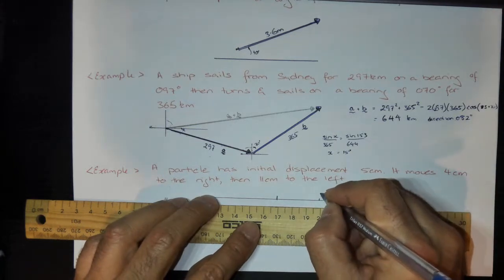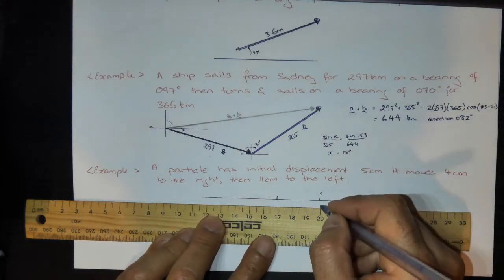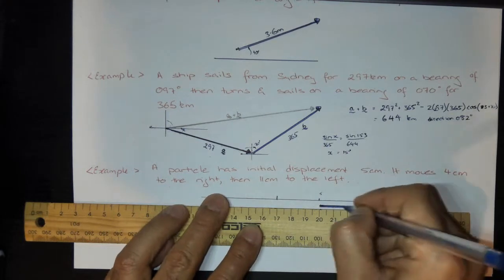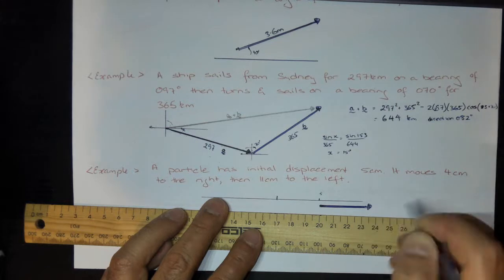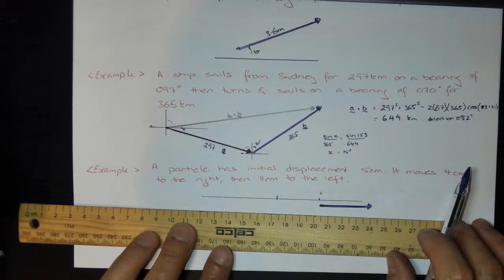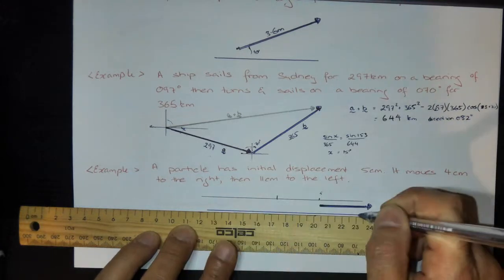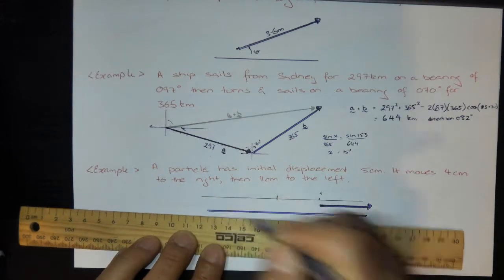Let's say that's 5 units. All right, it moves 4 centimeters to the right. All right, and then it travels 11 centimeters to the left.